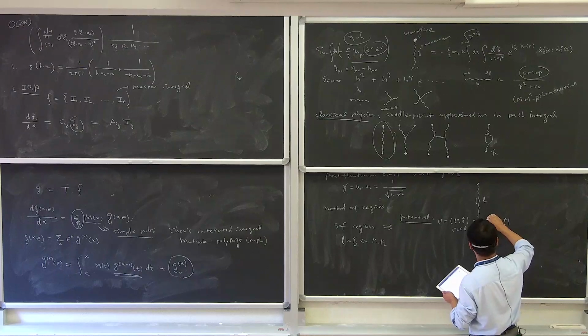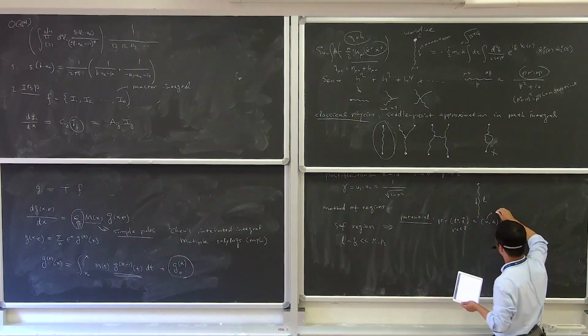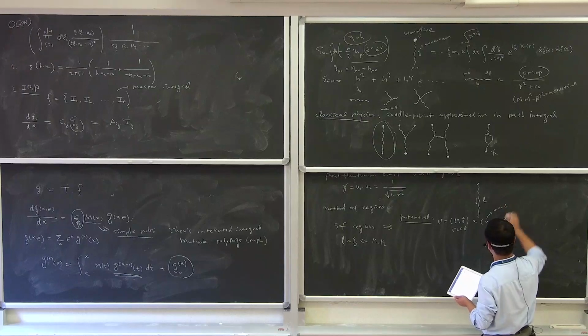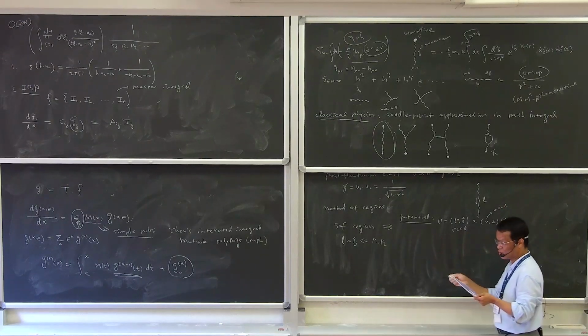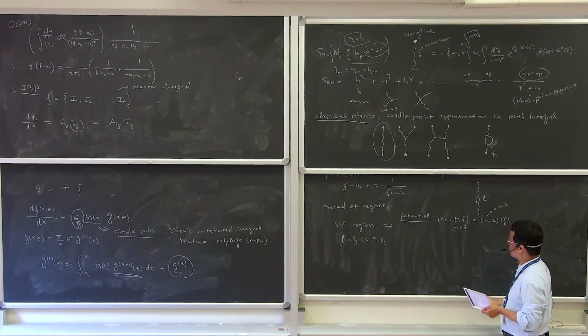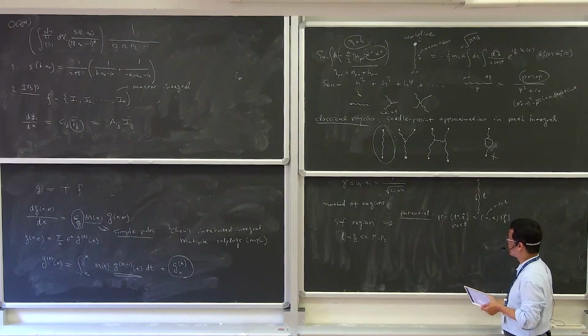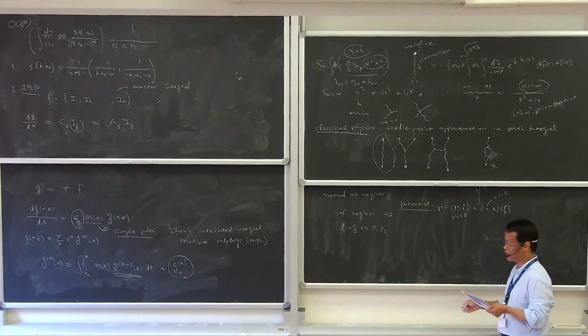This is small because we use the post-Newtonian limit, so v is much smaller than 1. So for potential modes, they are just space-like.